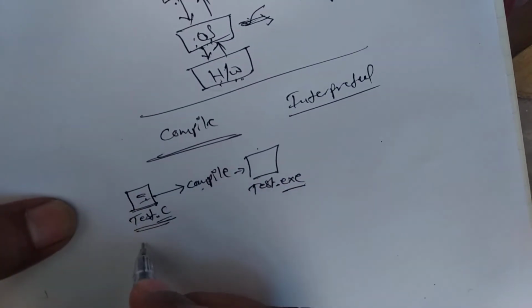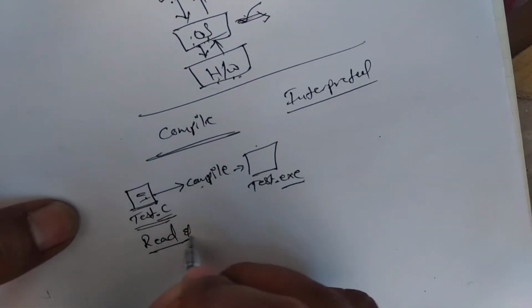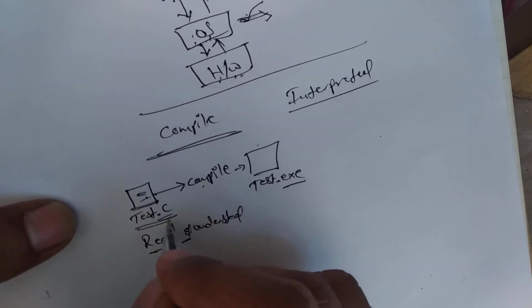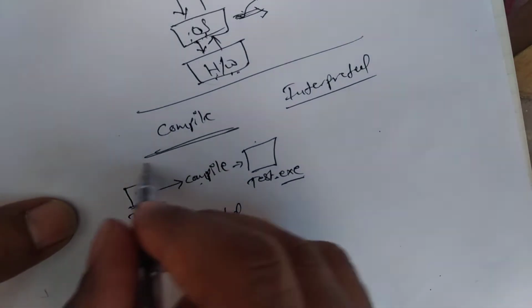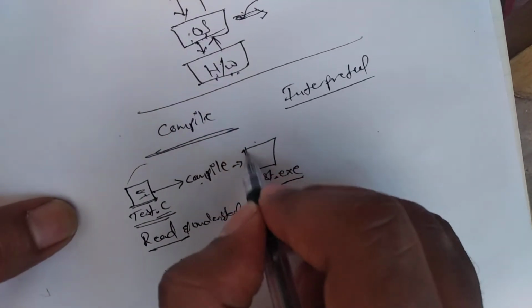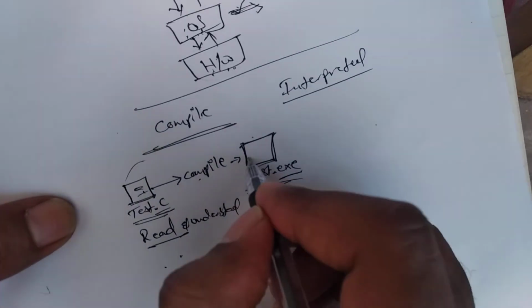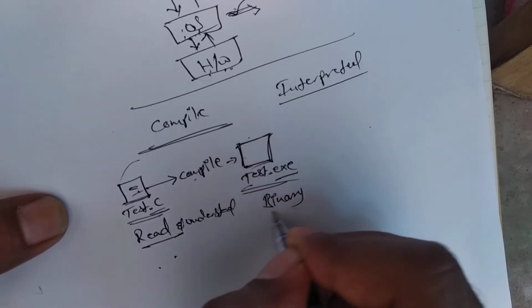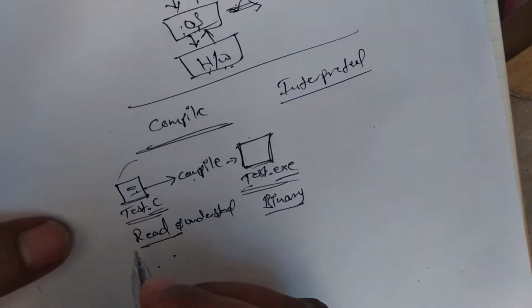This program code we can read and understand. In this test.c, generally we have English and mathematical notation, so we can understand this code. This newly generated executable file, we cannot understand the code. Here the code is binary language or system understandable code.